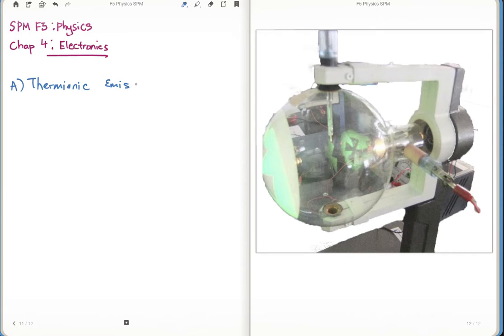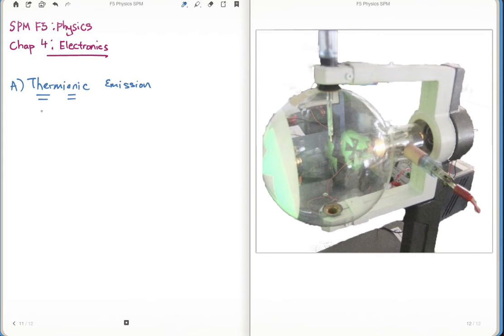What is thermionic emission? It means whenever heat is provided, the ions or electrons will be released from the hot surface over here. You see the red hot surface.